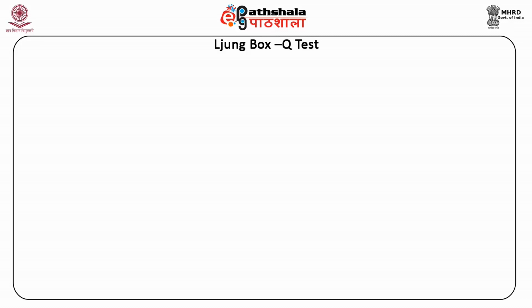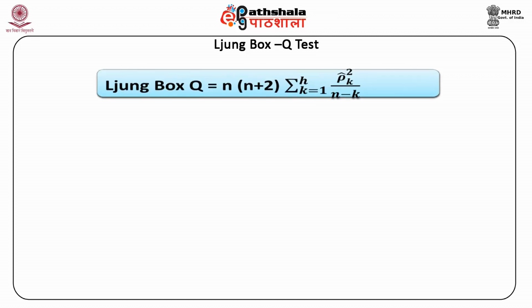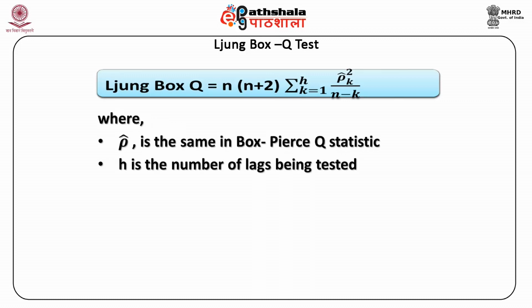It is known as Ljung-Box Q statistic. The Ljung-Box Q statistic is equal to N into N plus 2, summation over K, into rho K hat square upon N minus K. The summation over K is from 1 to H. In this case, rho hat is same as in Box-Pierce Q statistic, and H is the number of lags being tested.